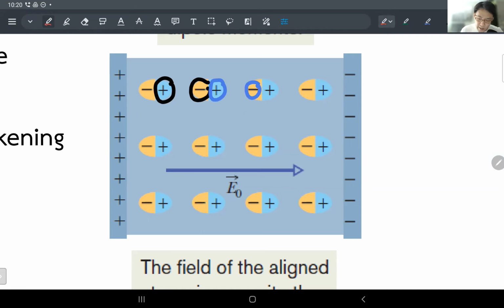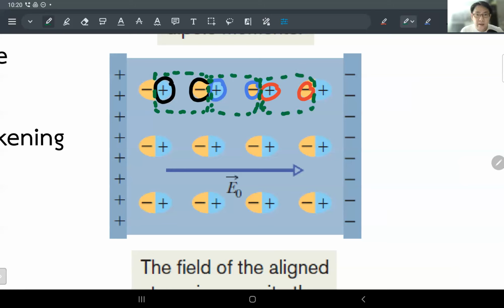And this whole thing keeps going. So overall, if you look inside this dielectric material, you are pretty much looking at cancellation. So it's a neutral region. This is neutral because you have the same amount of positive and negative. You look at this one, this is neutral. You look at this, this is neutral.